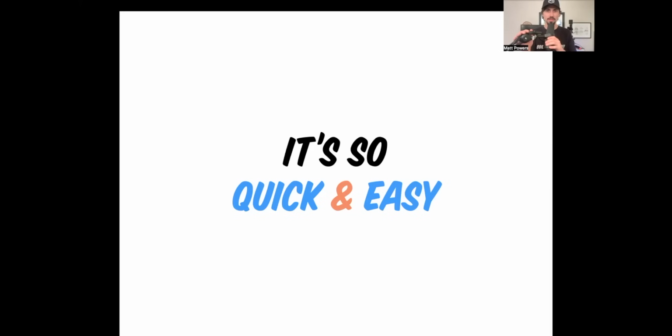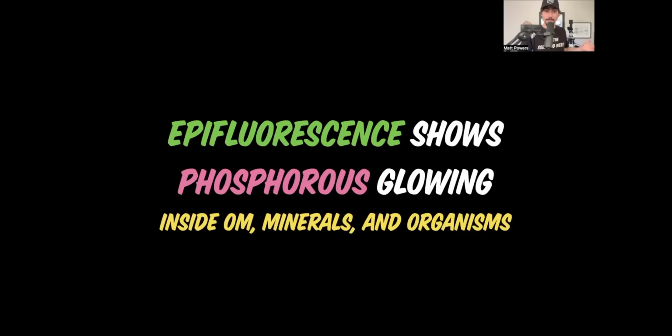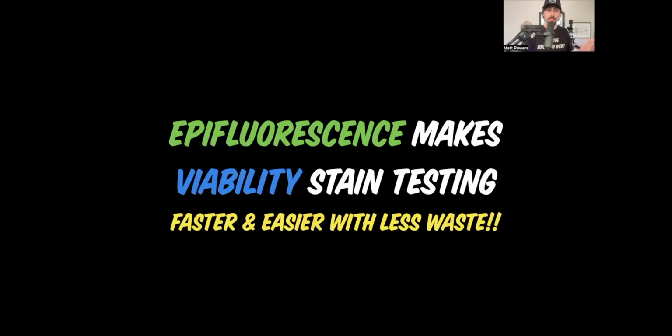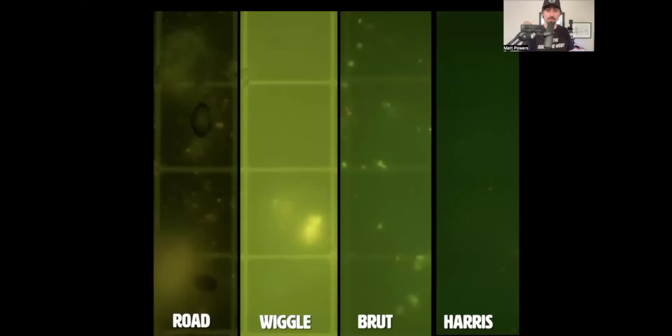You can verify these things in such a quick way, so fast, so easy. The root, if it's arbuscular mycorrhizal fungi, can literally be 100% glowing. So it's easy to verify. And it's that quick. So epifluorescence shows the phosphorus glowing inside organic matters, minerals, and organisms. Epifluorescence makes viability stain testing faster and easier with less waste as well.